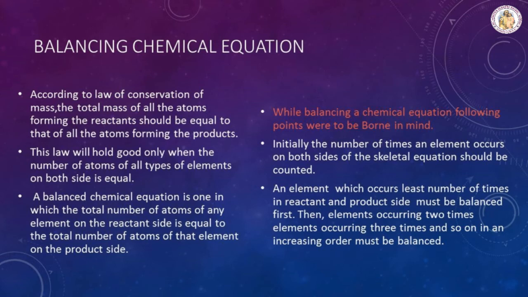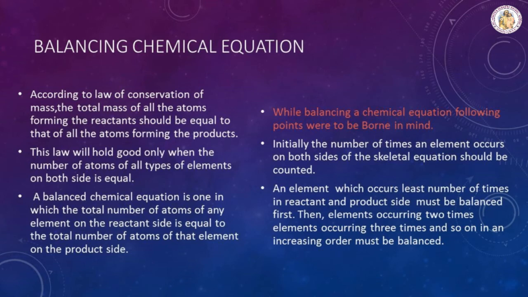A balanced chemical equation is one in which the total number of atoms of any element on the reactant side is equal to the total number of atoms of that element on the product side. There are many methods of balancing a chemical equation: trial and error method, fractional method, and odd number even number method are some of them.